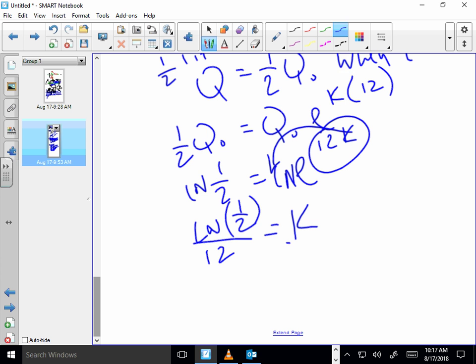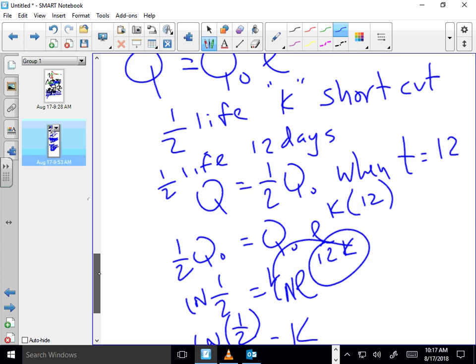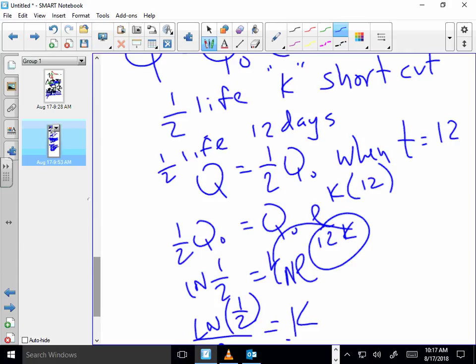I'll show you, but I would really like you to use the shortcut. So what is the shortcut then, Brendan? K equals the ln of, always for half-life problem, divided by time for half-life.